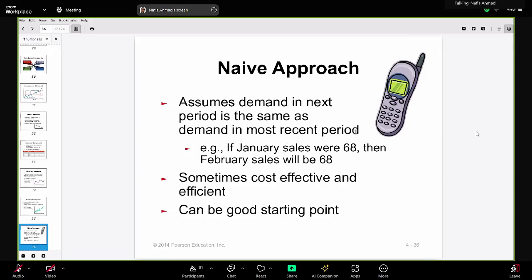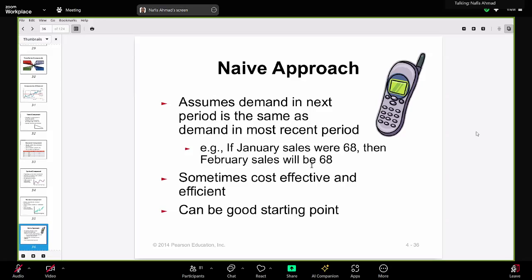The demand of an item yesterday was maybe 100 units. So tomorrow or today, the demand of that item will be 100 units. From the last immediate past information, we decide the demand in the future.